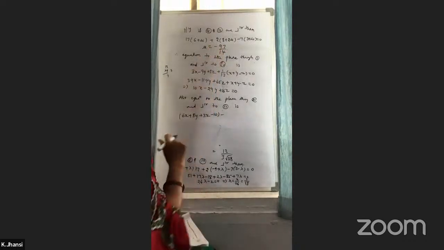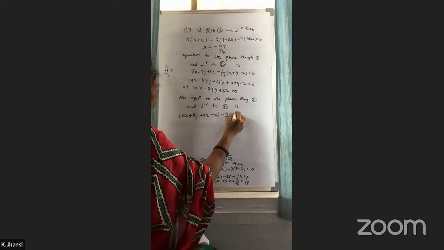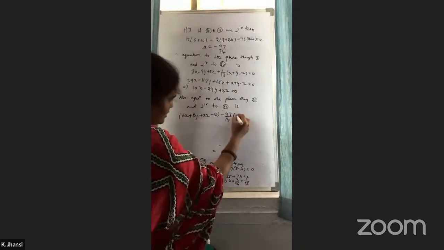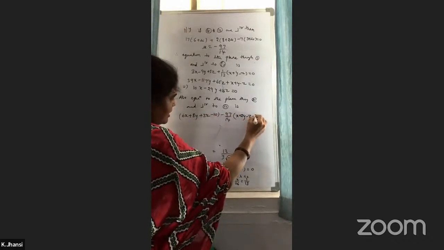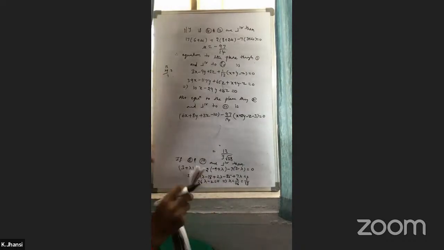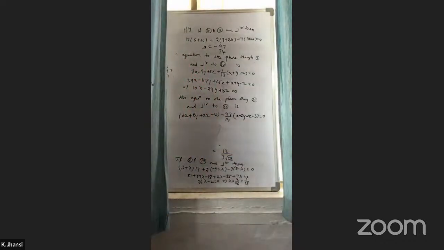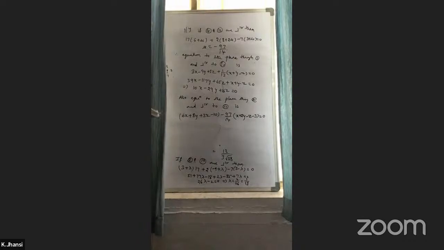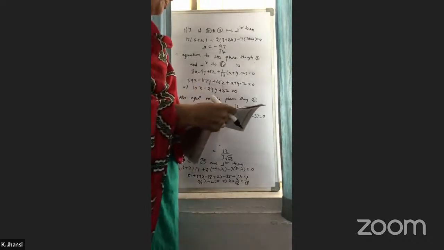Oh, minus 97 by 14, minus 97 by 14 into x plus 2y minus z minus 3 equals 0. 14, when you simplify this, you will get the answer. 14, you do the cross multiplication, then you do the simplification for this one. So you'll get this answer as 13 by 10x minus 13x.